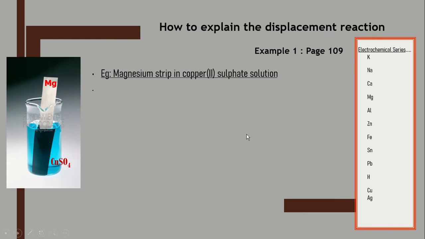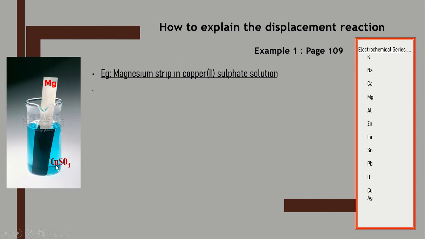Okay, so for example, this is the reaction between magnesium strip in copper sulfate solution. Okay, ni magnesium strip maknanya magnesium metal lah. Okay, ataupun magnesium plate immersed in copper sulfate ataupun reacts with copper sulfate solution, a salt solution. So dalam ni ada Cu ion.